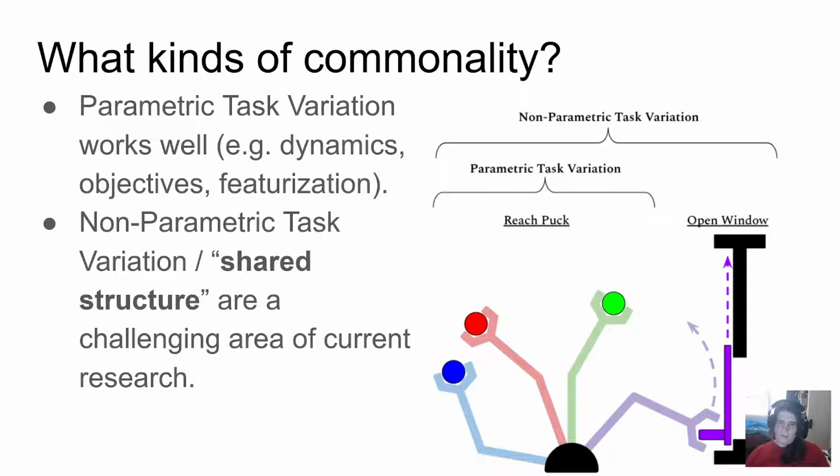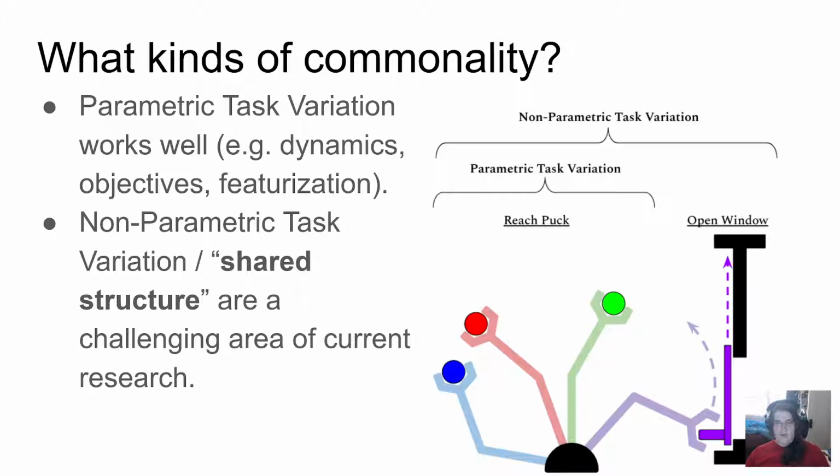In this paper, we're really interested in a type of commonality that is still quite challenging to make use of, which is commonality between different kinematic tasks. A simple type of variation is parametric variation, where, say, you have multiple tasks to grab an object, and the object's location varies, and that determines what the task is.